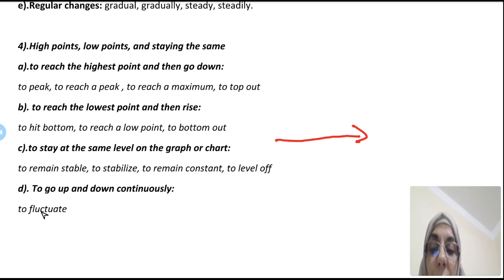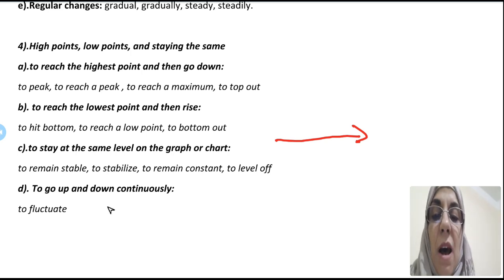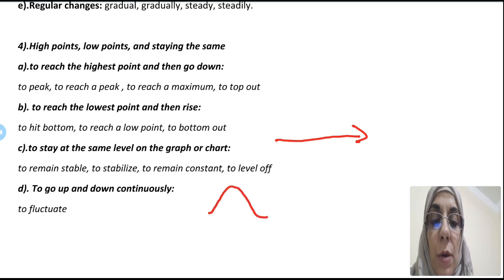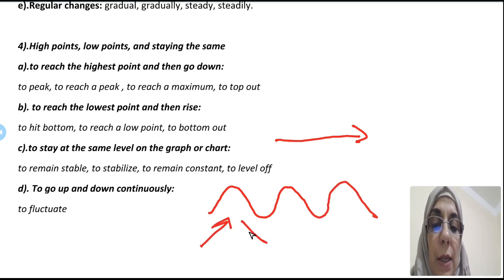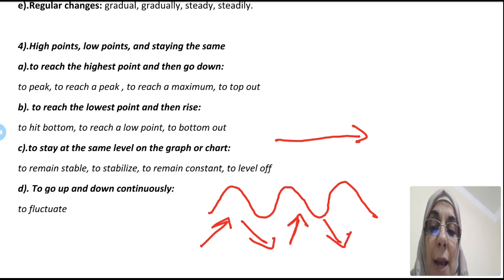Now D, to go up and down continuously, okay. To go up and down, up and down, up and down, okay. Right, we use the verb to fluctuate, the noun is fluctuation, okay.